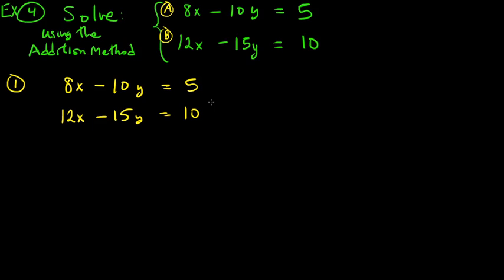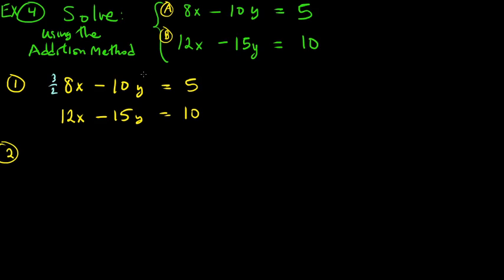Okay. So now we have to pick which one we want to eliminate. Do we want to eliminate the x's or the y's? In this case it doesn't matter. Both of them look equally difficult. So what do we need to multiply 8 by to get 12? You can say this is going to be 3 over 2.